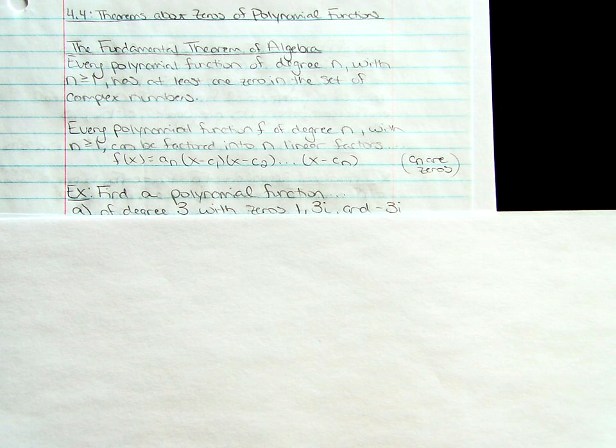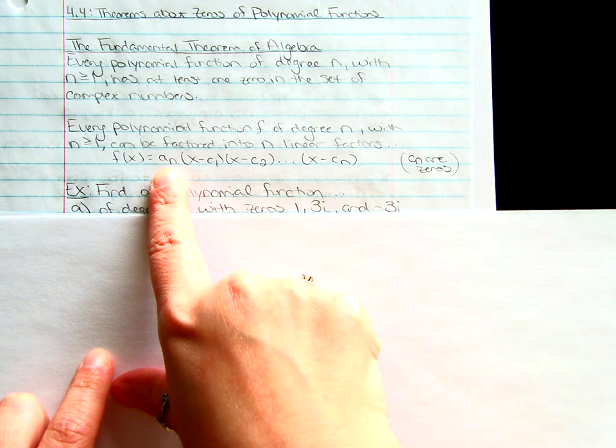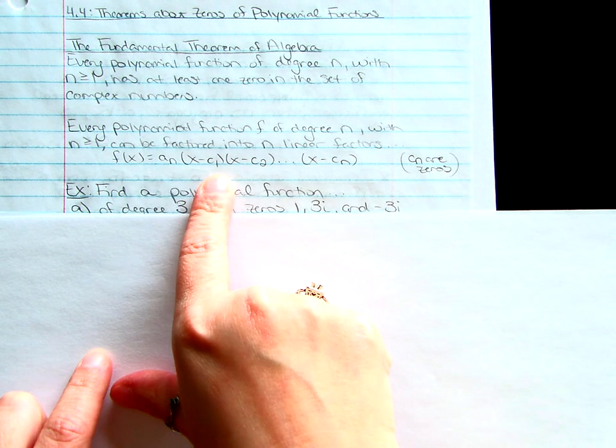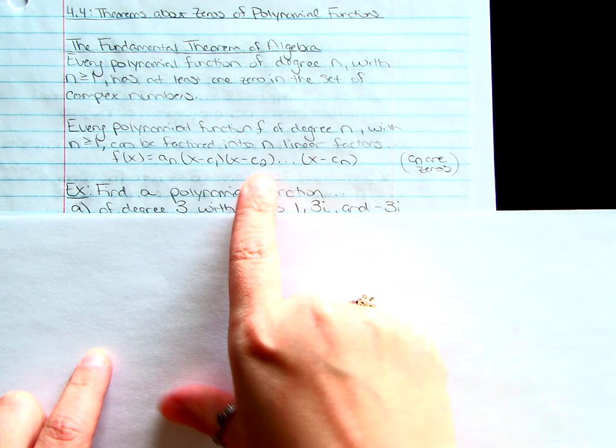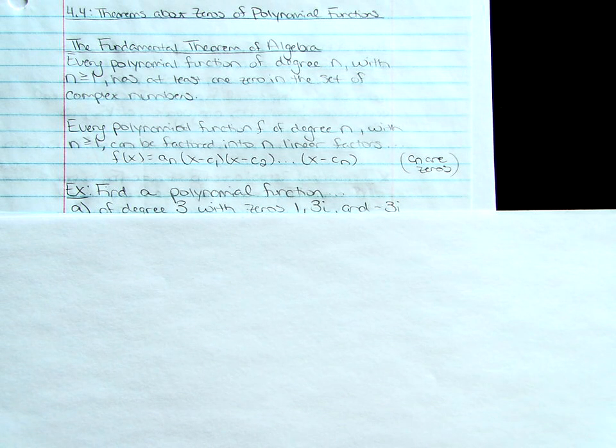It goes on to say that every polynomial function of degree n, where n is greater than or equal to 1, can be factored into a linear factorization, where you have n numbers of linear factors. That's where you have a constant, that's what this a sub n is, and then you have x minus c sub 1, x minus c sub 2, x minus c sub however many you have, all the way to c sub n.